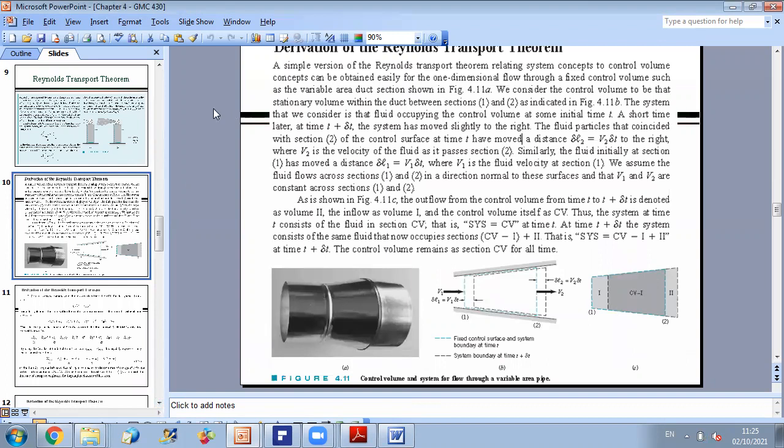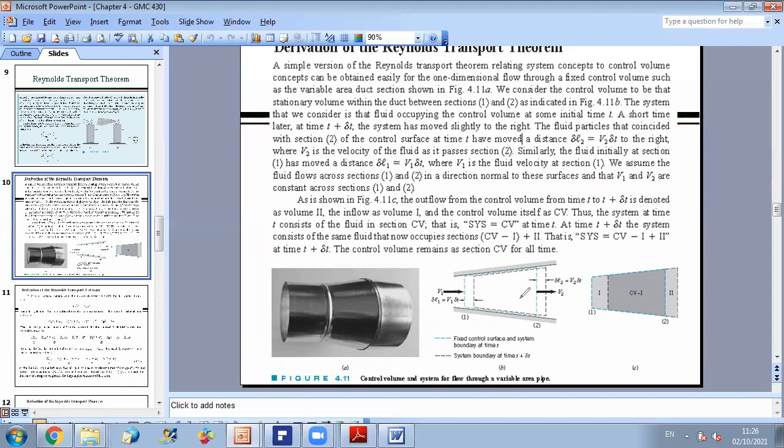So if you consider, for example, the following system, which is like a nozzle of varying cross section, we want to find the relation between what is happening in the control volume and the system. What do we mean by this? So, as we said, the system is defined by a fixed mass.